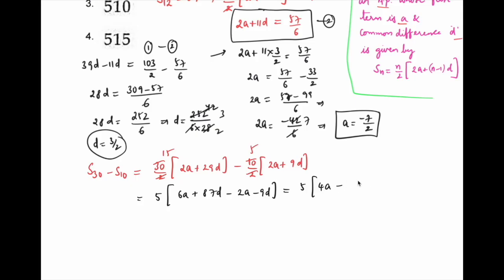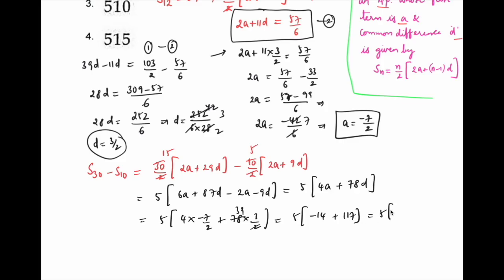So we can write 78d, 4a plus 78d. So substituting a is equal to minus 7 by 2, we can write 5 times (4 into minus 7 by 2 plus 78 times 3 by 2), which is equal to 5 times (minus 14 plus 39 times 3, 117), which is equal to 5 times (117 minus 14, that is 103).